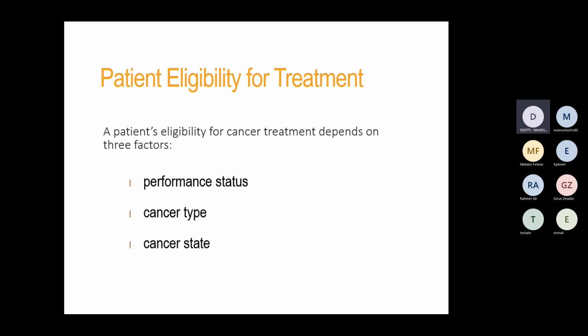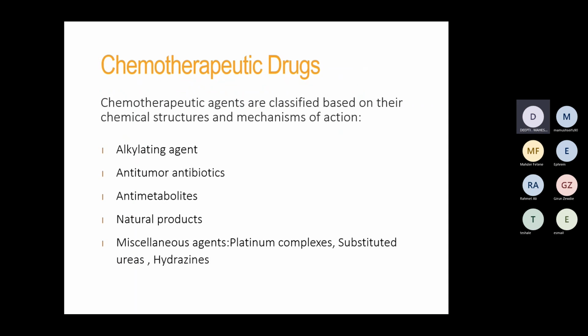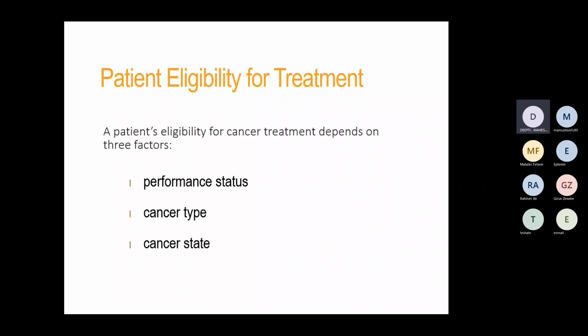A patient's eligibility for cancer treatment will depend on three factors. First, performance status. What do you mean by performance status? It is basically how the patient is performing in day-to-day activities. For example, whether the patient is able to take his own bath, eat his own food, and walk around.